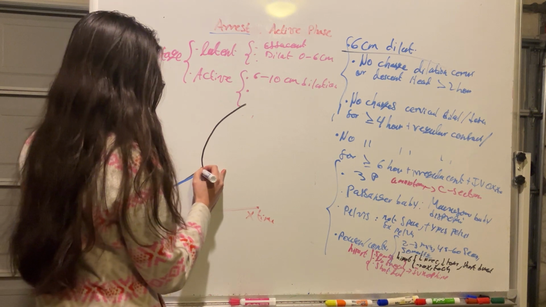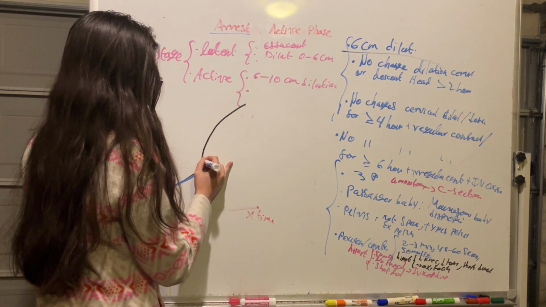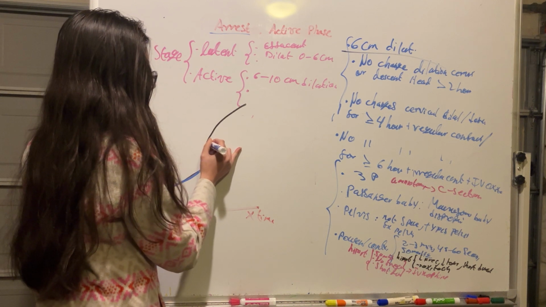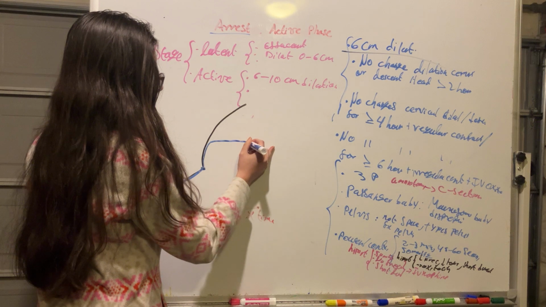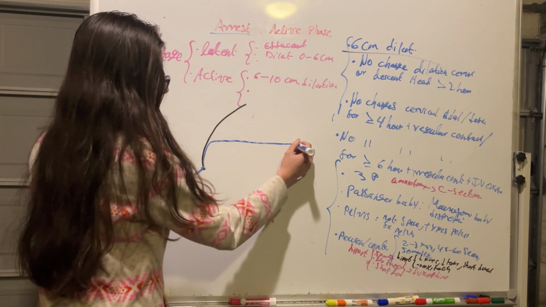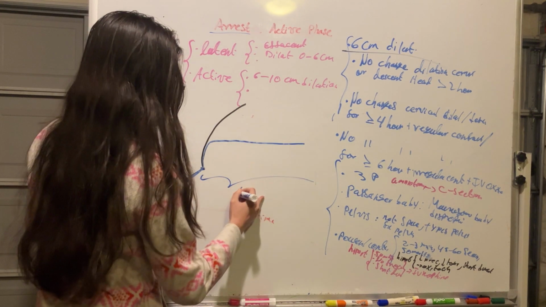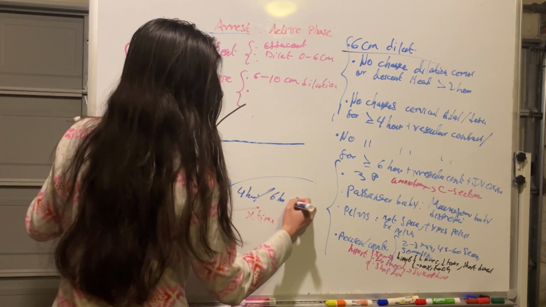So we have an increase in the rate of cervical dilation, but at some point we're stopped and we have no advance in cervical dilation for more than 4 hours, or 6 hours with IV oxytocin.